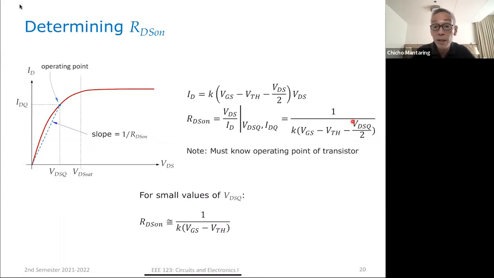But then because most of the time we don't know what the value of VDS is, we just assume that this is negligible, and this becomes our approximation for RDS on. But actually, RDS on will be slightly larger than this. Why? Because of this term. This term will make the value of RDS on slightly larger.